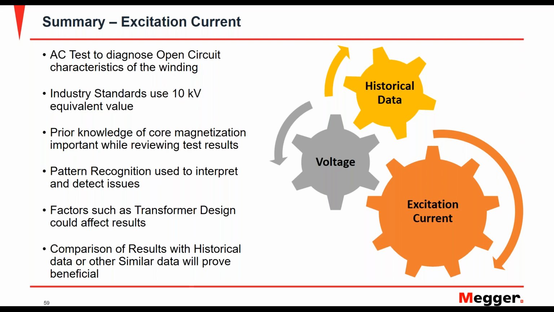We saw that for a core type or a four-leg transformer, the excitation current pattern can be different. And because of this nature of the excitation current, comparison of results with historical data or with similar data for other transformers will prove beneficial to get an accurate assessment of your transformer and your winding.